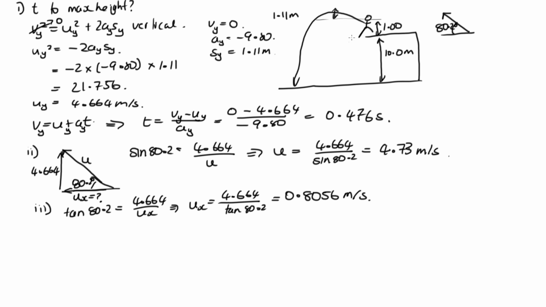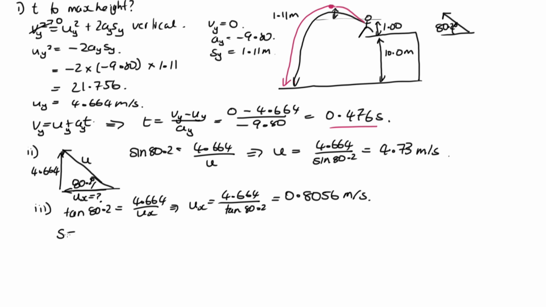Now I know how fast they're going horizontally, and this doesn't change. What I need to now work out is the total time. I know the time it's going to take the diver to get from there to there. I calculated that here. What I now need to work out is the time to get from here all the way down to here. To do that, I'm going to need to consider my vertical components.